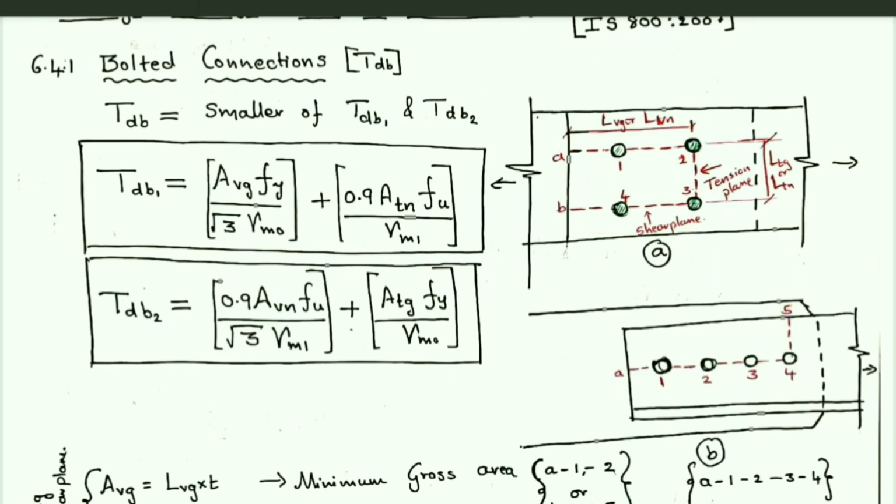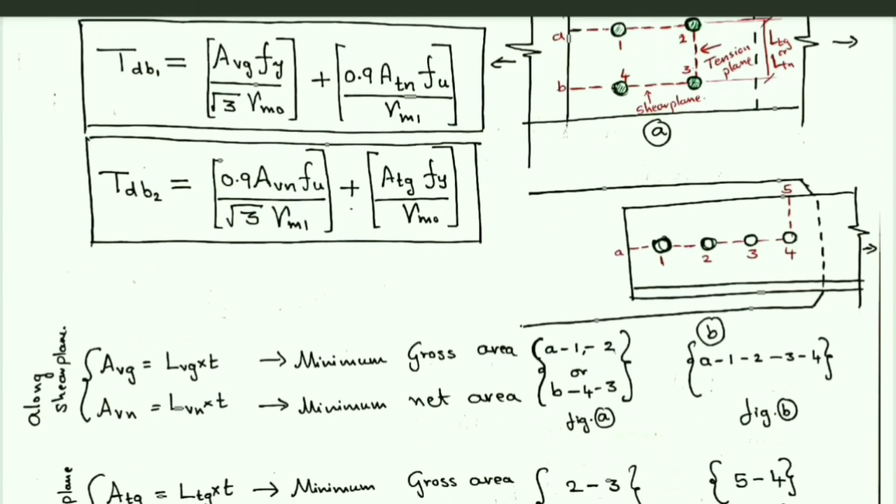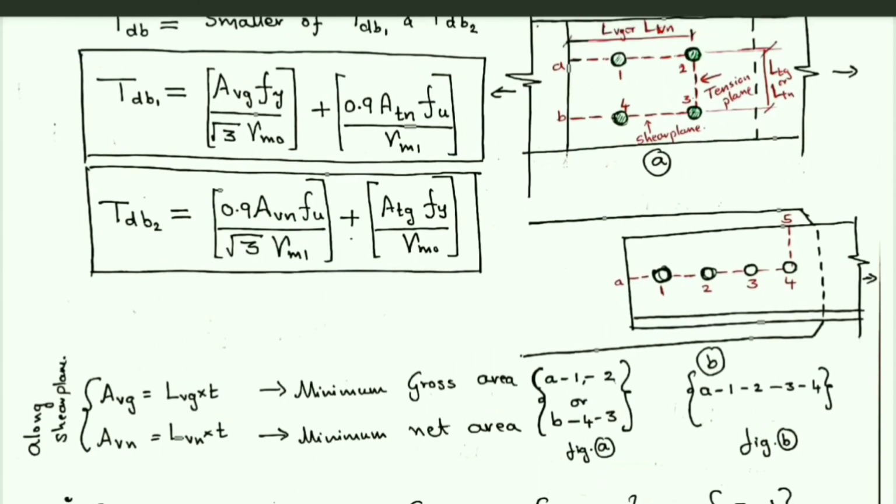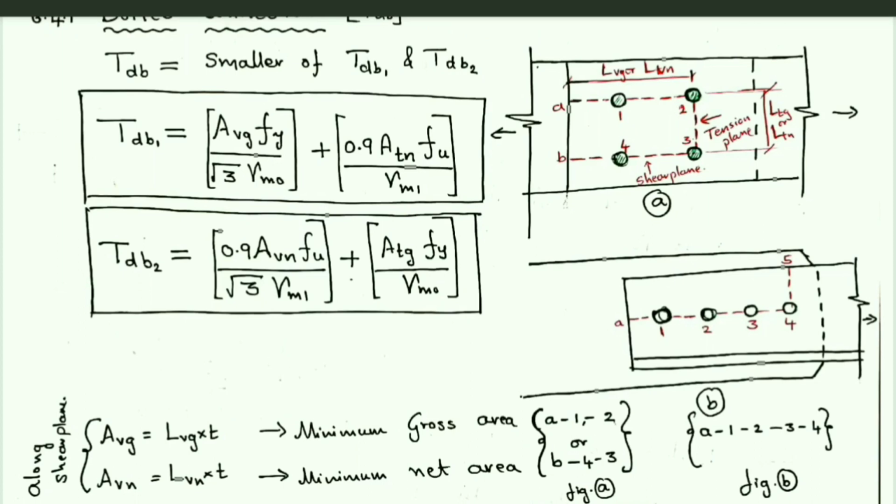Okay, so if you see here again, AVG means area along the shear plane, that is gross area. G means gross area along the shear plane, that is from this point to this point. We will take it as LVG, from here to here, the length, into the thickness of the plate.